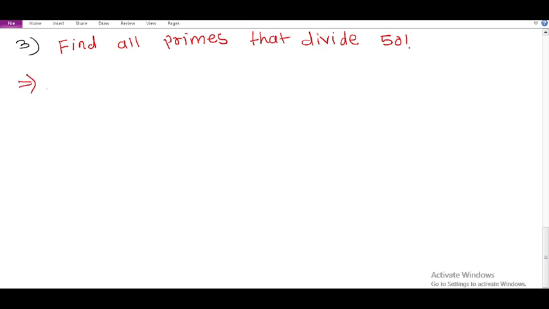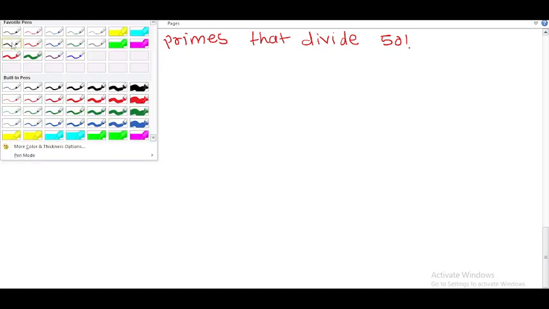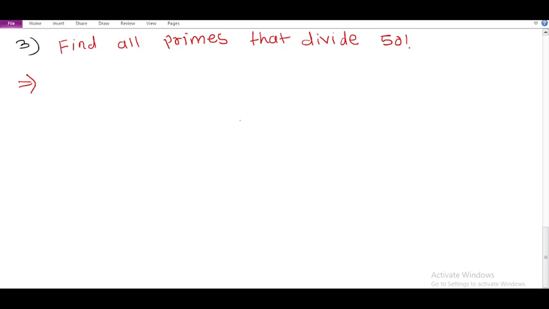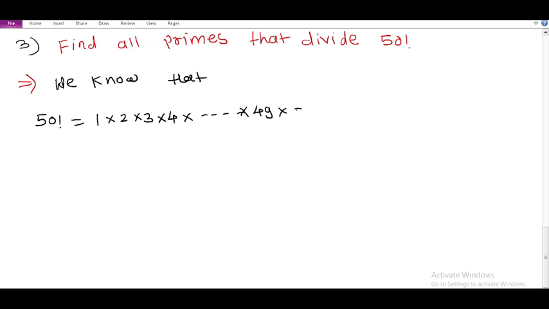Now we know that 50 factorial can be written as 1 into 2 into 3 into 4 into ... into 49 into 50.